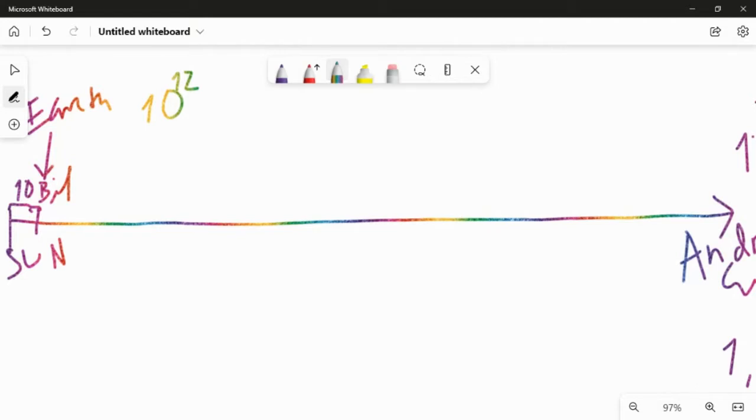What does that mean? 10 billion has how many zeros? 12 zeros behind 10, so 13 zeros, right?